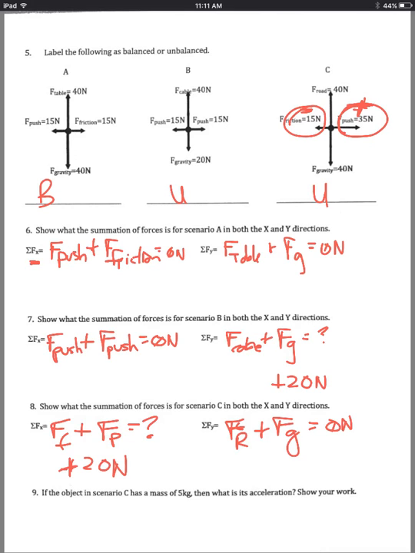And similarly, this one's positive in this force diagram, this one's negative, and so a positive 40 plus a negative 20, that's where the positive 20 comes through on this one. So in both cases, positive 20 newtons is going to be the total sum of all the forces in the system.